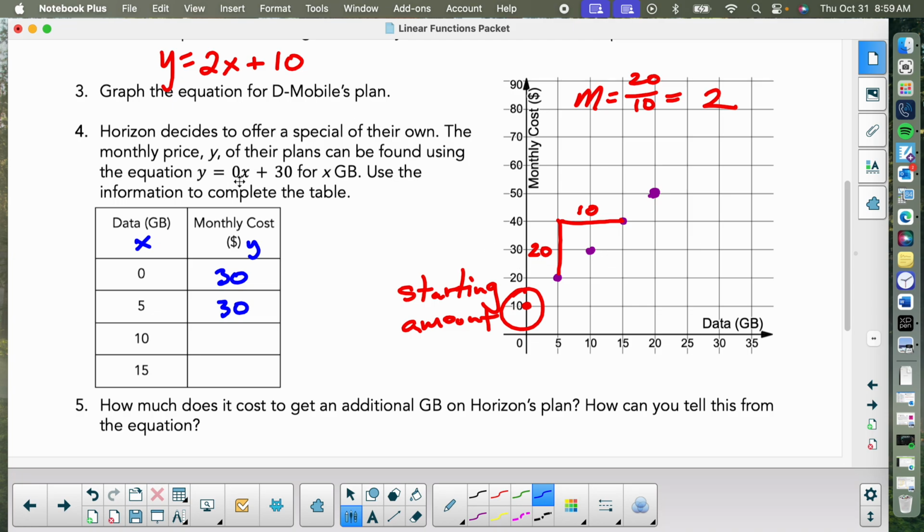Very good. Because you're multiplying by 0, you're never going to get an answer. It's always going to be 0. And then when you add 30, the answer's always going to be 30. Okay, if I graph this, 0, 30, 5, 30, 10, 30, 15, 30, I guess it looks like that's all the farther we went. But I could go more if I want, because no matter what number I put in, I get 30.